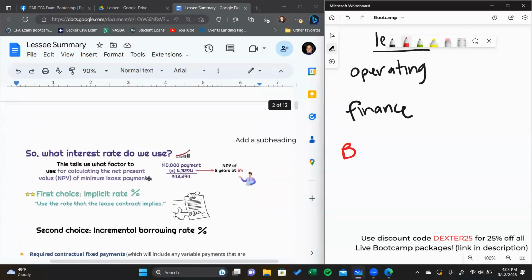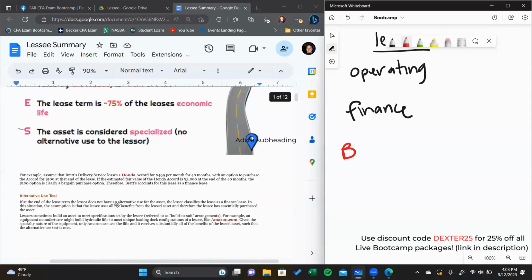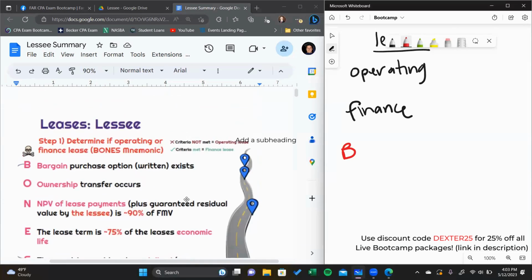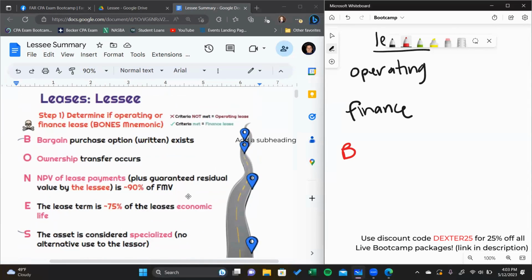I believe the criteria, let's see, it's somewhere in this document. There's specific wording. I believe it's reasonably certain. That's the language that the codification uses for bargain purchase options. Essentially, there needs to be reasonable certainty that the lessee will exercise it. Otherwise, it's not considered to be a bargain purchase option.